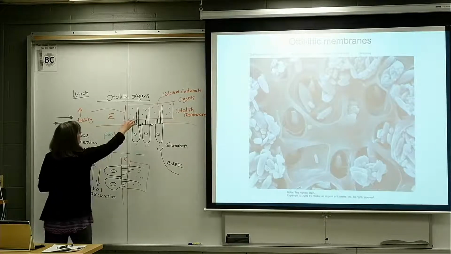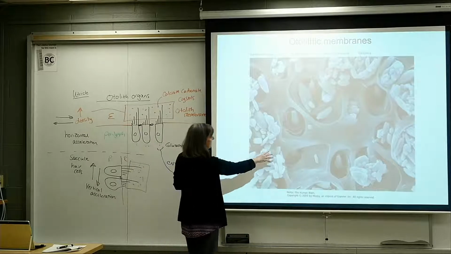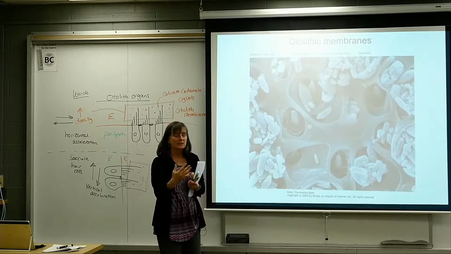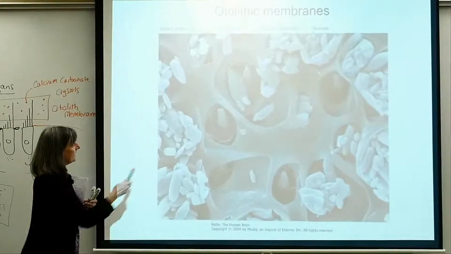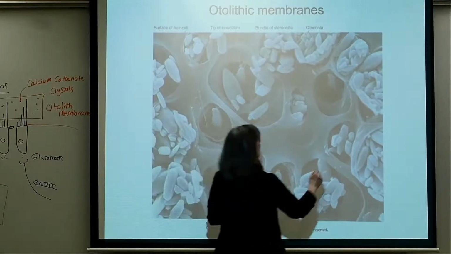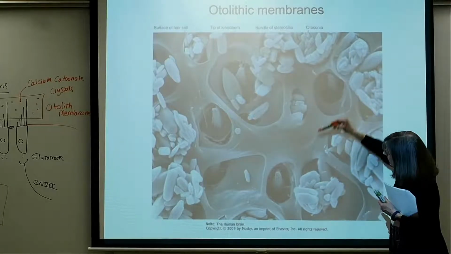If we look at this otolith membrane with scanning electron microscopy, this is what it looks like. This tissue has been fixed, so there are holes in here that wouldn't normally be here. But what you can see is these calcium carbonate crystals, which are quite prevalent. They're embedded all over this membrane. You can also see these little hair bundles poking through.